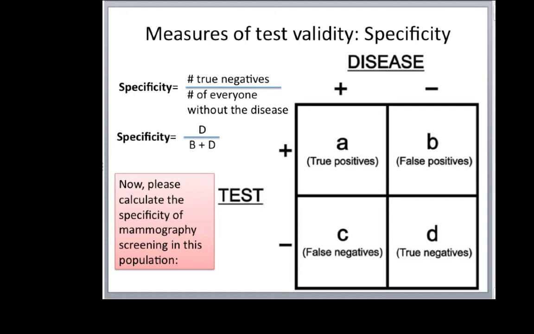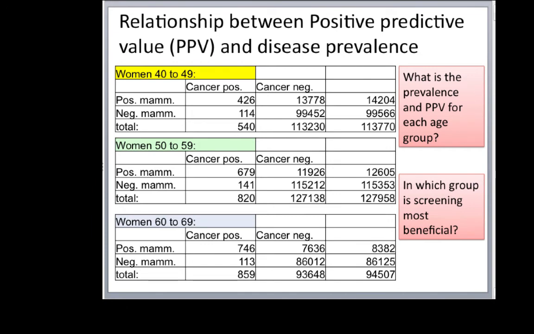One thing I want you to do is make sure that you can calculate positive predictive value and also calculate prevalence according to different sets of data. I have examples of that data, taken from that same validation paper. Take a look at the relationship between prevalence and positive predictive value.